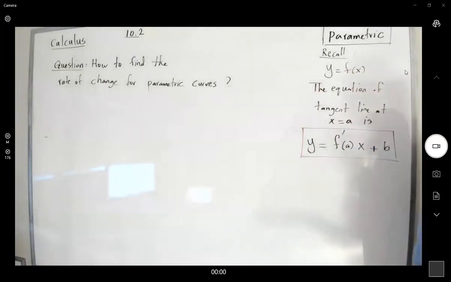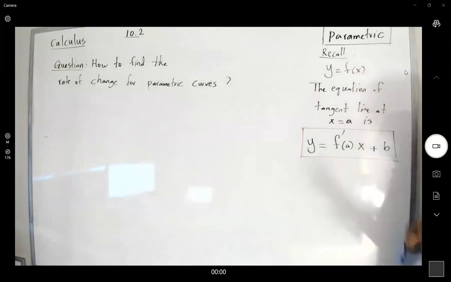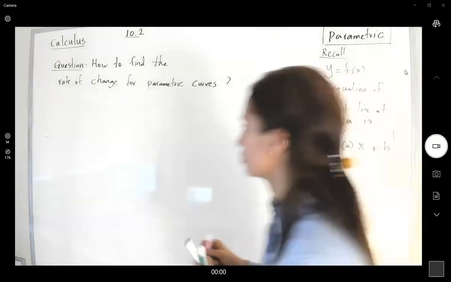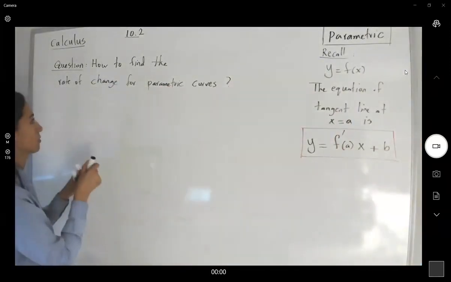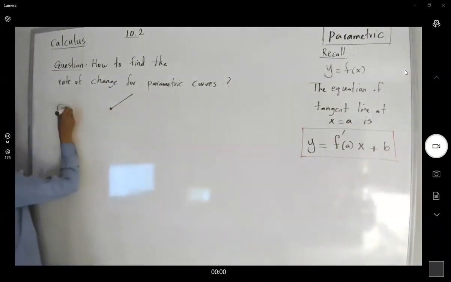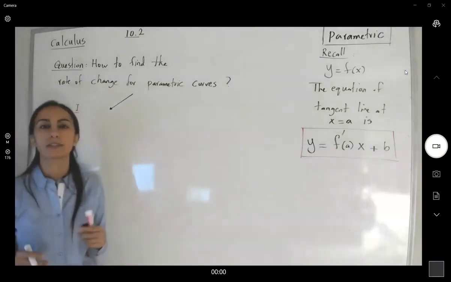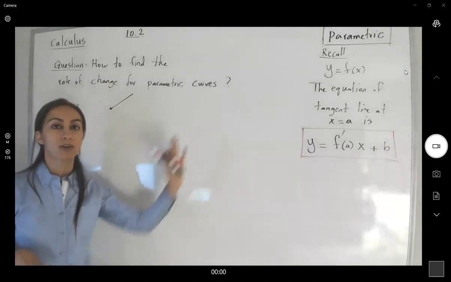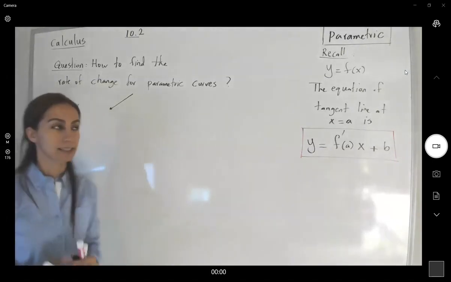So naturally, we expect to write the equation of the tangent line for parametric curves. Well, here you have two situations. In case one, we are able to get rid of the variable t and write y in terms of x.